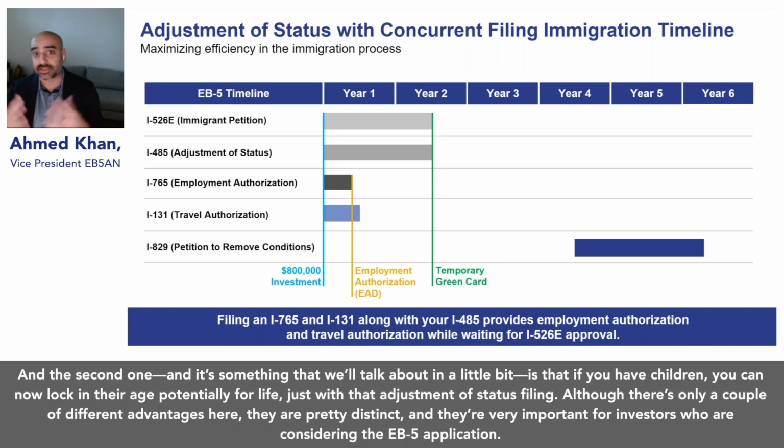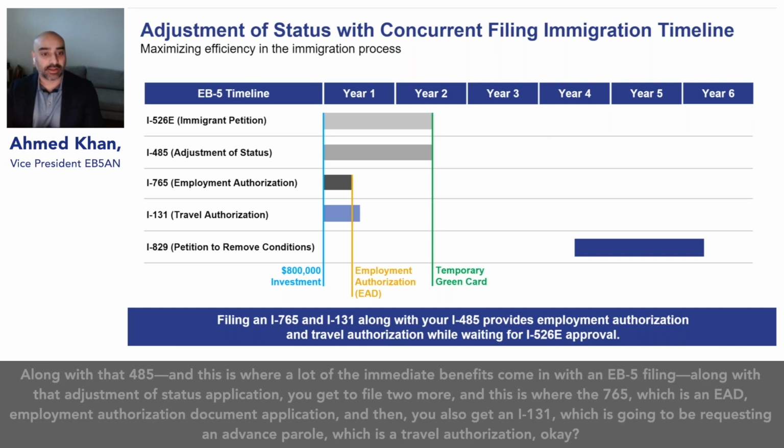And the second one, something that we'll talk about in a little bit, is that if you have children, you can now lock in their age potentially for life, just with that adjustment of status filing. So although there's only a couple of different advantages here, they are pretty distinct and very important for investors who are considering the EB-5 application.